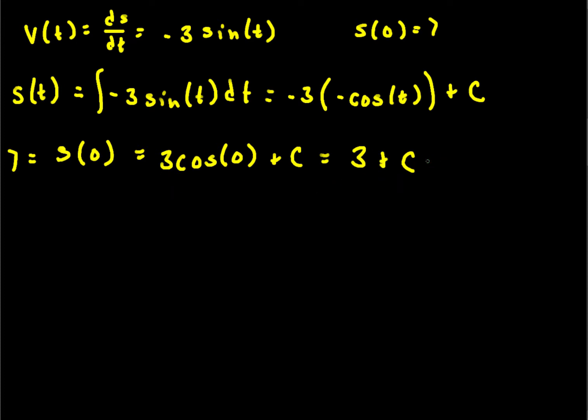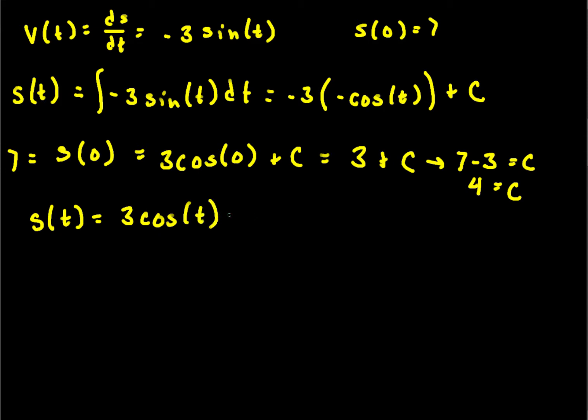This tells me that 7 minus 3 is c, or in other words, 4 is our constant. And so our answer would be s of t is equal to 3 cosine of t plus 4. That is a unique position function whose velocity is this, and its initial position is 7.